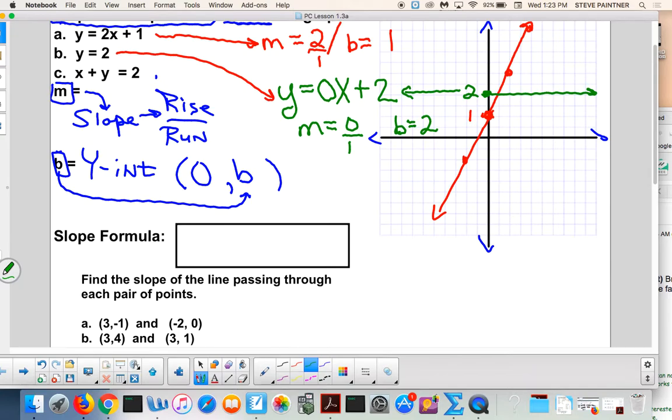So what would this be if I went like this, 1, 2, 3, 4, and I drew a line straight up, straight down? What would you call the equation to that? X equals 4. X equals a number, vertical. Y equals a number, horizontal.